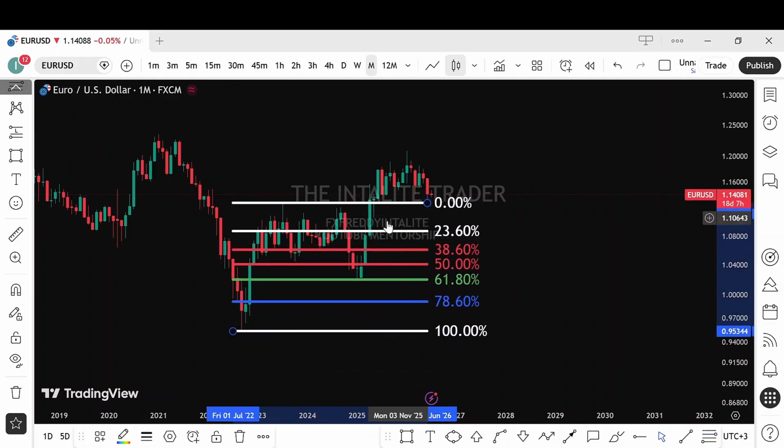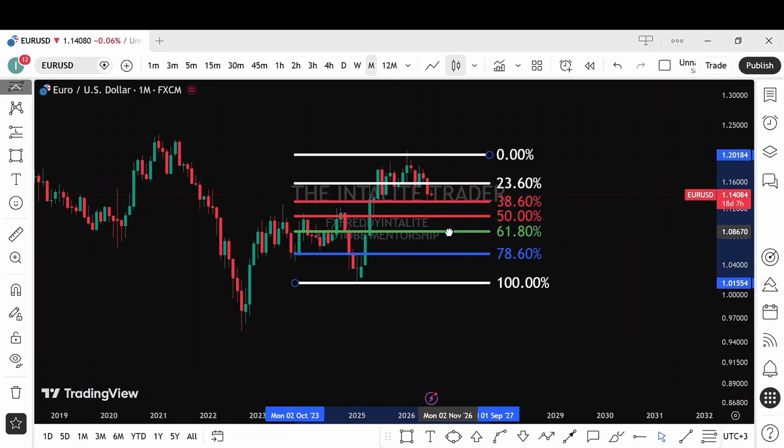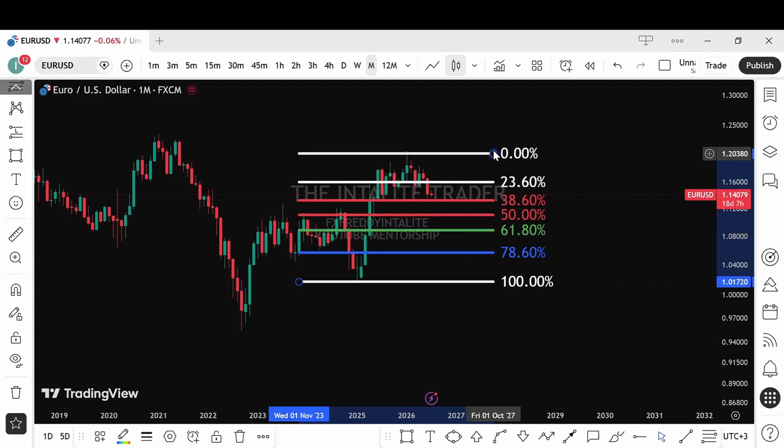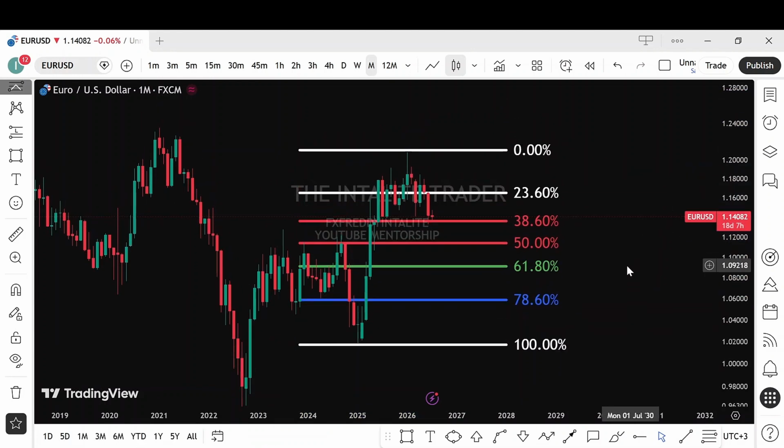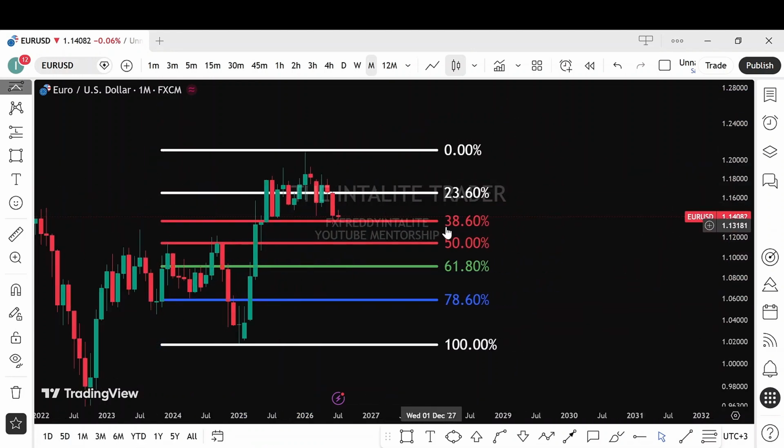Price pulls back here. This is a what? A deep pullback. Price breaks above and it goes there. Price pulls back into the 38.60. That is a what? A shallow pullback.